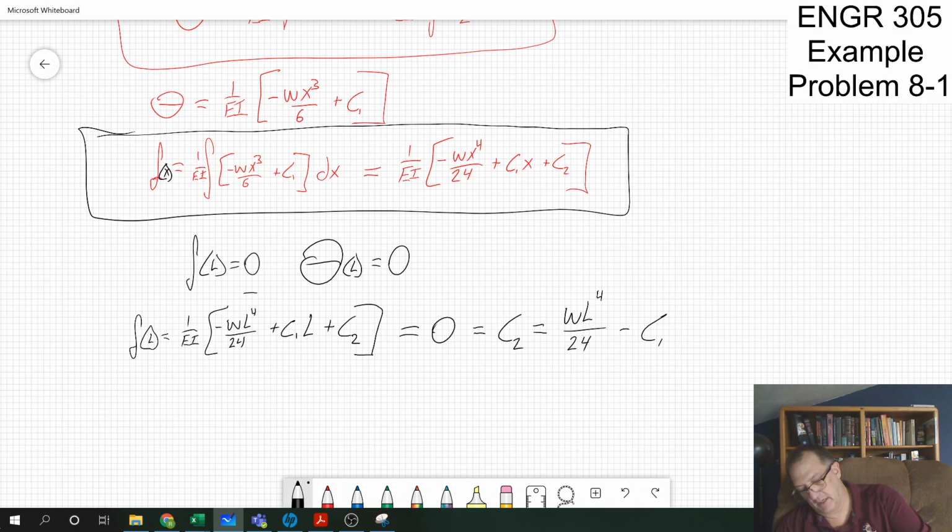Well, it's been a while since I've done these, because I think most of you would have said, no, don't plug that one in. Solve for C1 first, because I can solve for that right up here.